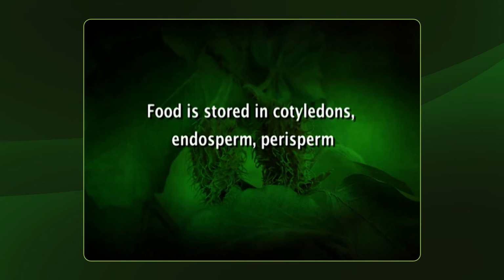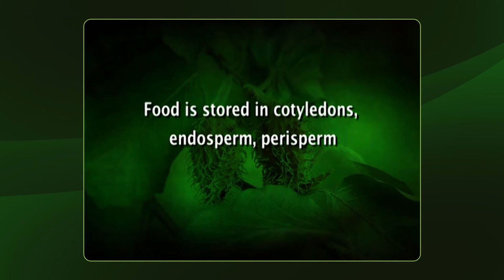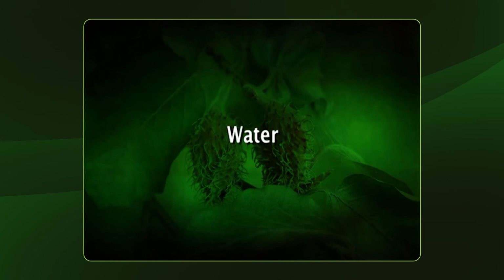Another requirement is food, which is stored in the cotyledons, endosperm, and in some cases in perisperm. Now we'll talk about these factors one by one. First, water. Seeds must attain some minimum species-specific moisture content before they germinate, as they lose considerable amounts of water during maturation.